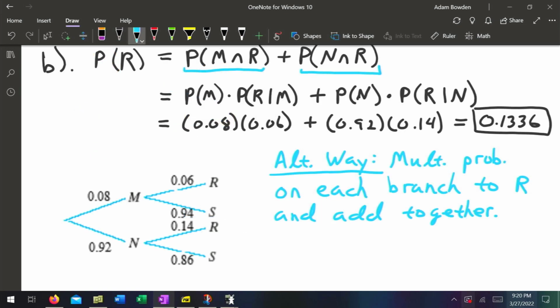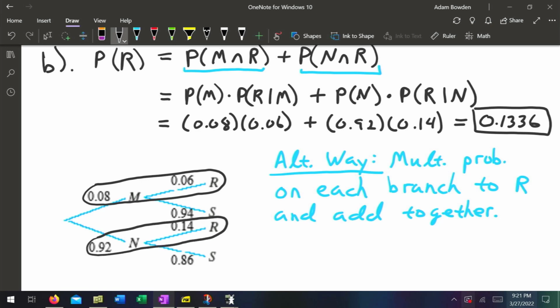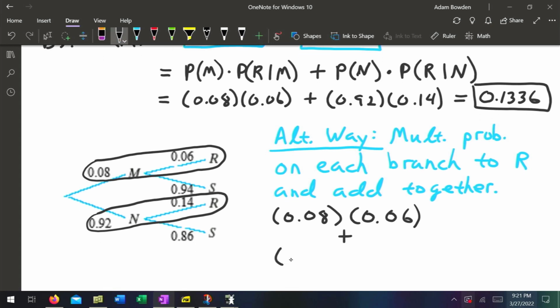An alternative way to do what I just did is to take the probabilities along each branch that leads you to R, multiply those probabilities together, and then add up everything. So we have two branches that lead us to R, so we can take the 0.08, multiply it by the 0.06 from the first branch, and add that together with the other branch to R, which has 0.92 followed by 0.14.